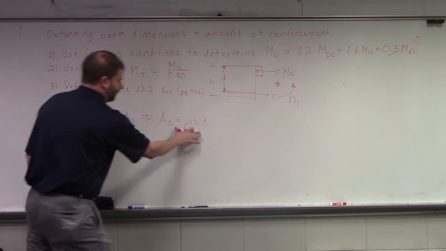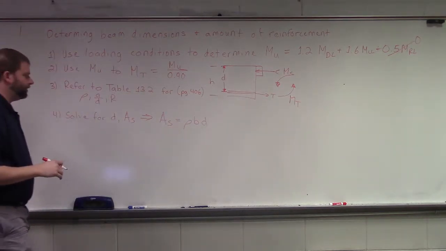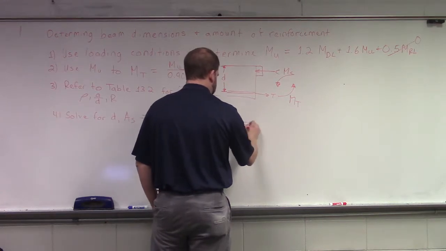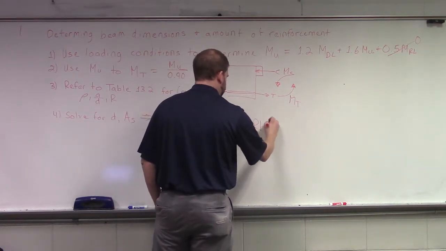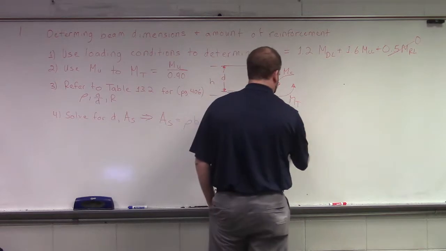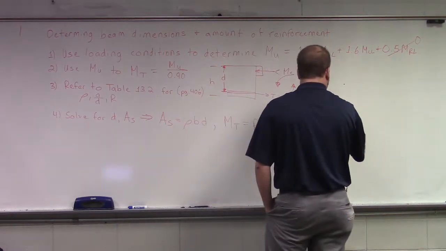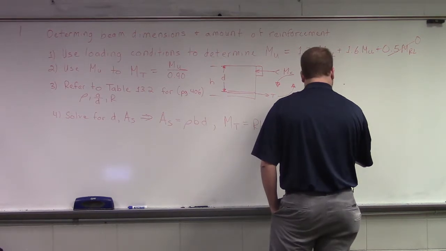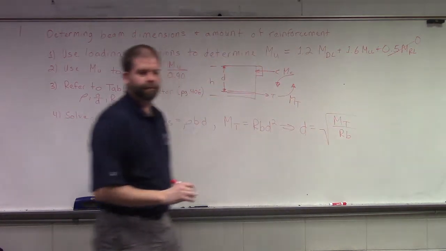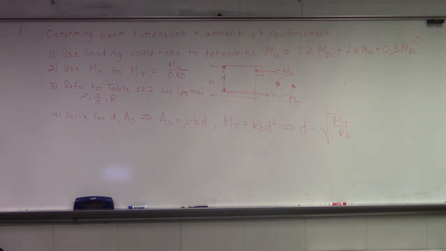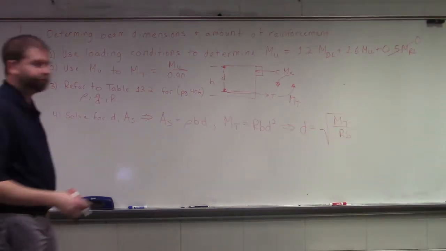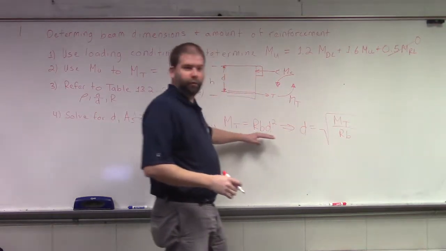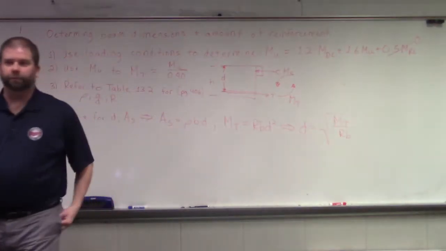So at first glance, you're not able to solve for d, but also remember that M sub T equals R b d squared. So d will equal the square root of M sub T over R b. Okay? So ultimately, we need that. Yes. But you have to remember where it comes from, right?